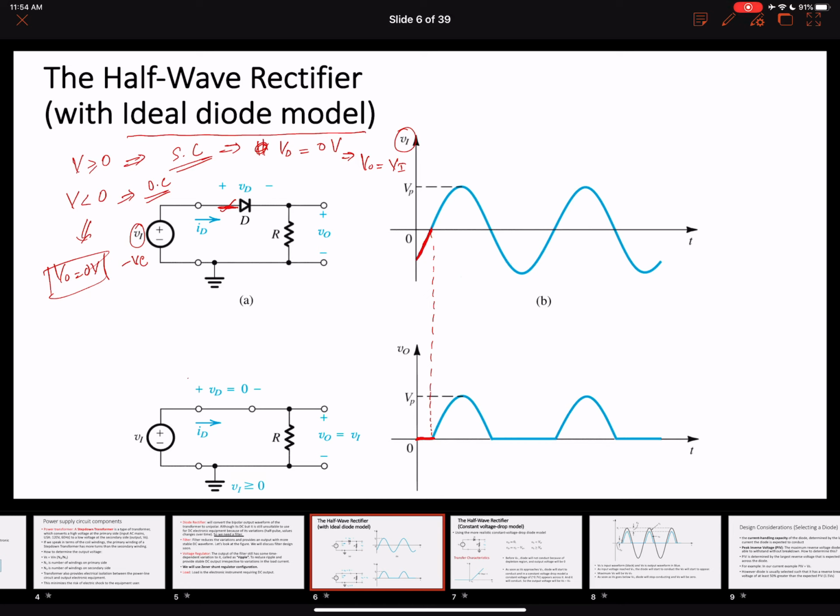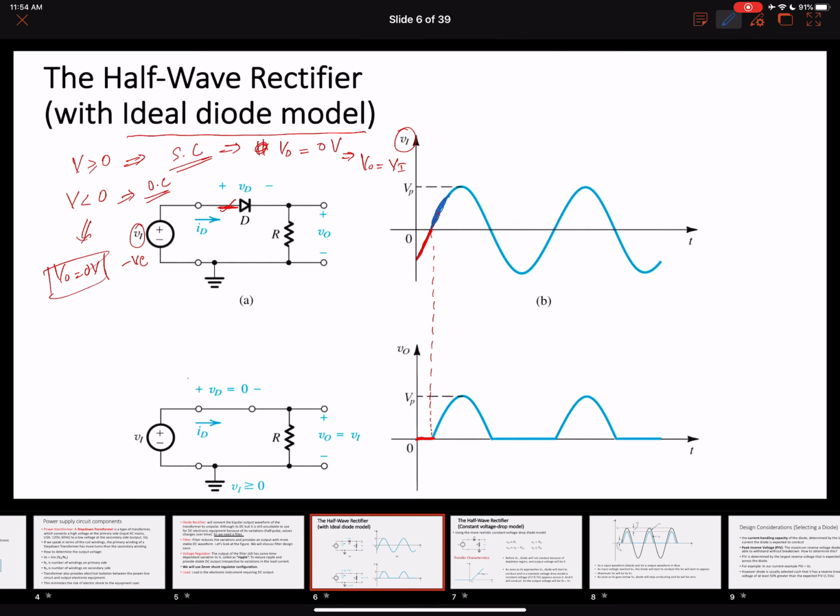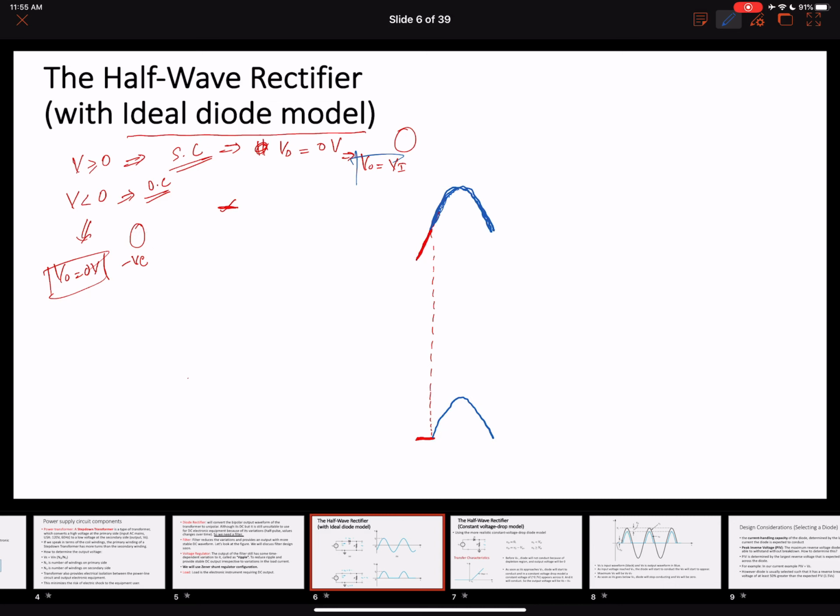Now in the forward conducting cycle, let's start it with the blue. In this entire cycle, when your voltage is greater than 0 volts, your diode will become forward biased. This means it will become a short circuit, so this entire thing will appear across the output, because Vo equals Vi.